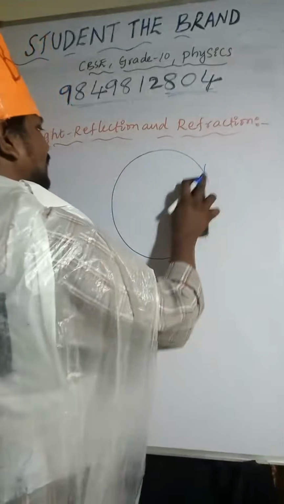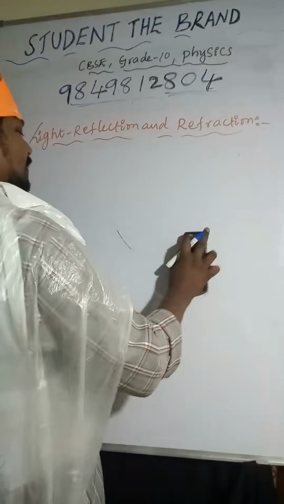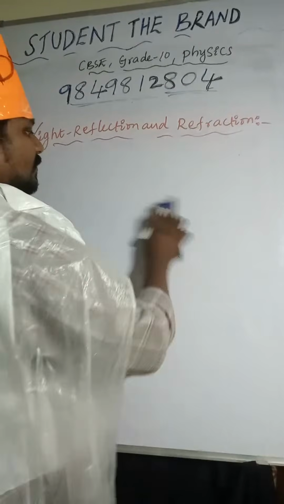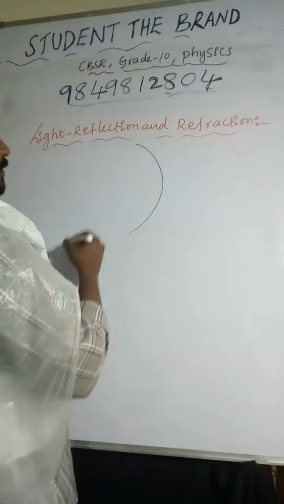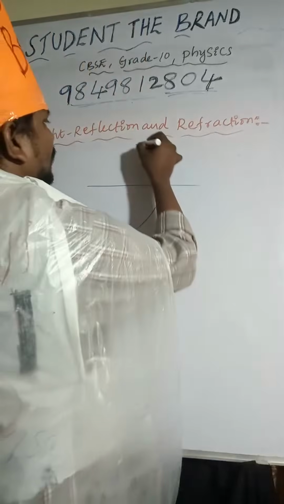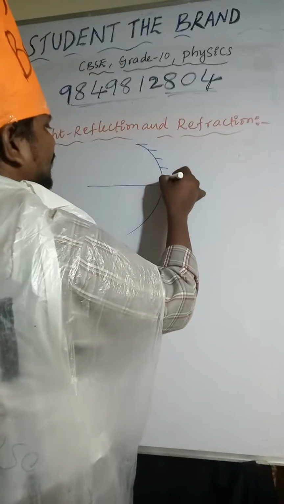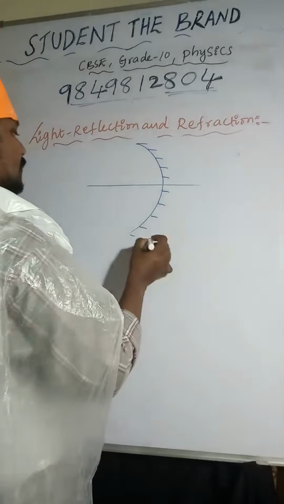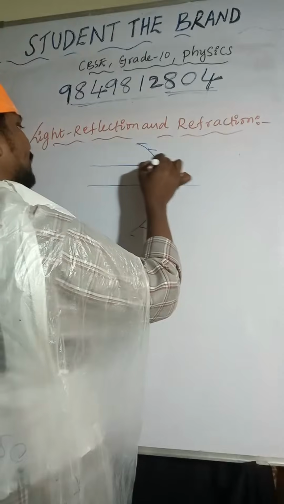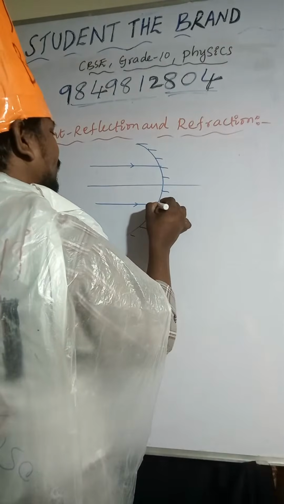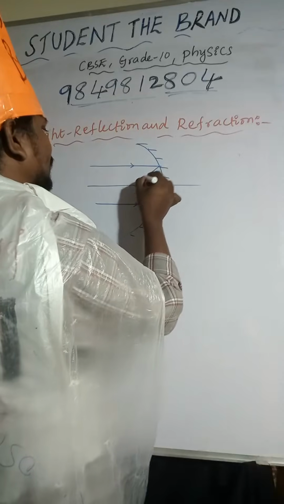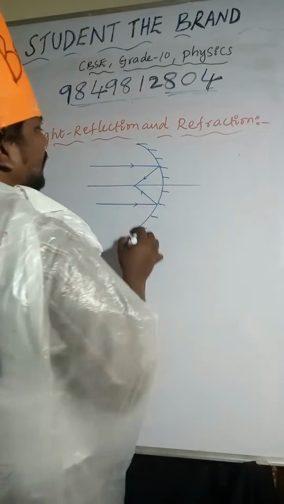Now I will explain. Listen carefully. Here I am taking the concave mirror, the mirror whose reflection takes place inward. After reflection of light, those light rays are converging and meet at one point.